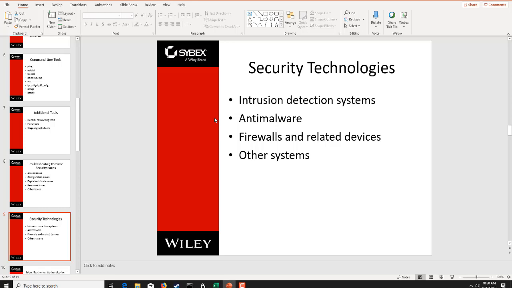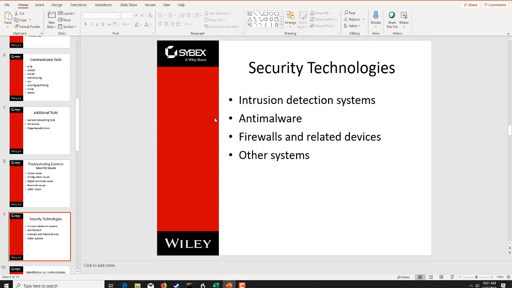So having a good anti-malware or endpoint security solution is critical. Host-based firewalls for these devices and other types of assessment such as off-platform scanning, on-platform scanning, how often are scans done.